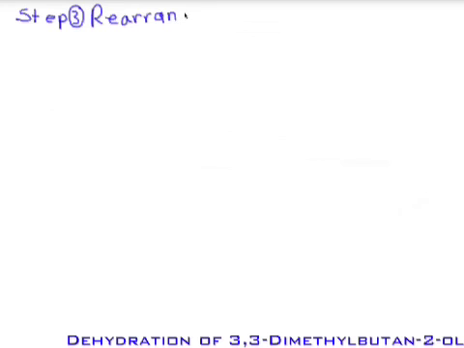Key feature of the SN1 and E1 reaction mechanisms. Okay, so rearrangement, draw a carbocation again. You have to ask yourself, what kind of carbocation do you have?